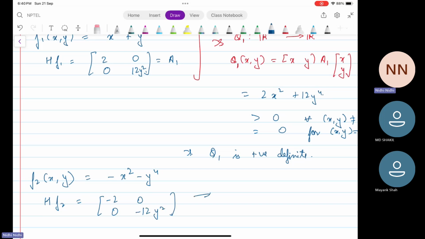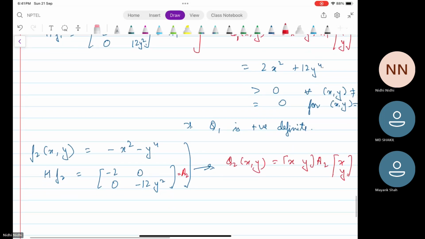And the corresponding quadratic form Q2(x,y), if I take this as A2, is (x,y) A2 (x,y).